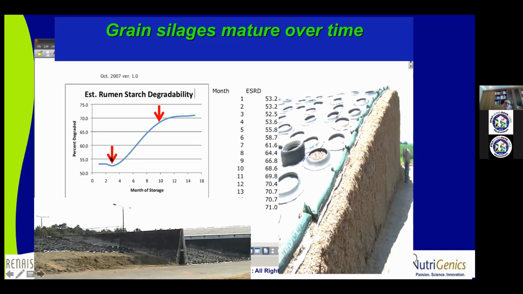And what we've seen is if people don't keep storage of about 10 months, this is just a slide indicating that the starch degradability, the digestibility of our starch at 10 months of age, when it's in that bunk, it's almost like red wine. The older it gets, the better it gets.